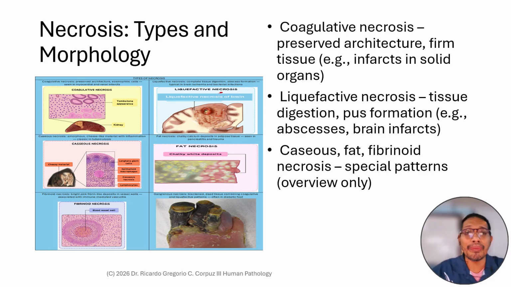The second major pattern is liquefactive necrosis, which is essentially the opposite. Here, the dead tissue is completely digested, transforming into a soft liquid mass. It's like a river of dead cells.